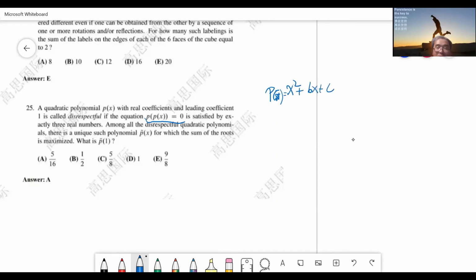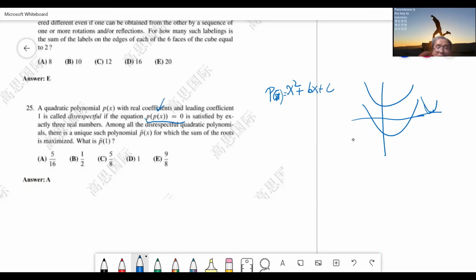If we graph it, there's going to be a curve either above, or below, or maybe touching at one point. But P(P(x)), basically you plug in x, find the output, then you plug that into P again. So this equals 0.